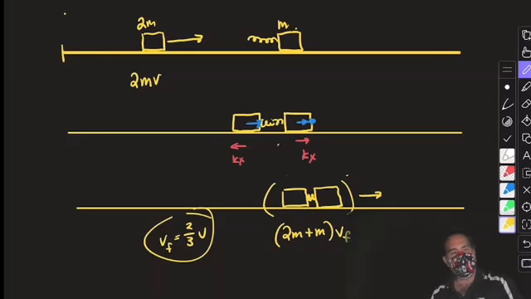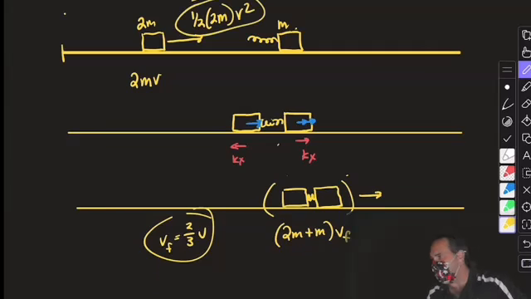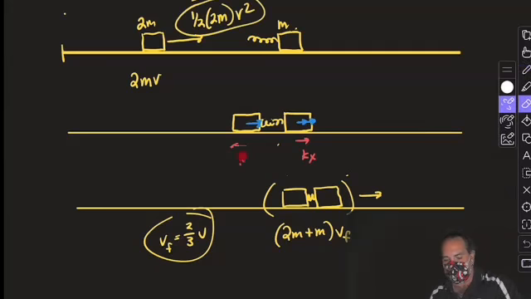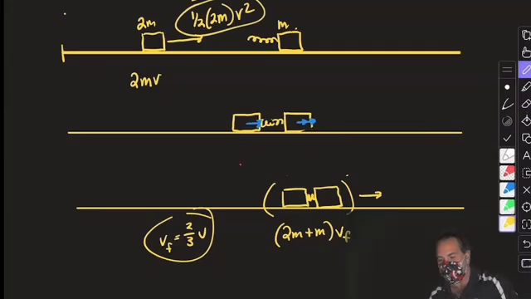However, there's no friction in this problem, no air resistance, right? Although this is not an elastic collision, I can tell you where all the energy is. This is how much kinetic energy the system has before the collision. At the moment the spring is fully compressed, at that instant, the first box has that much kinetic energy.